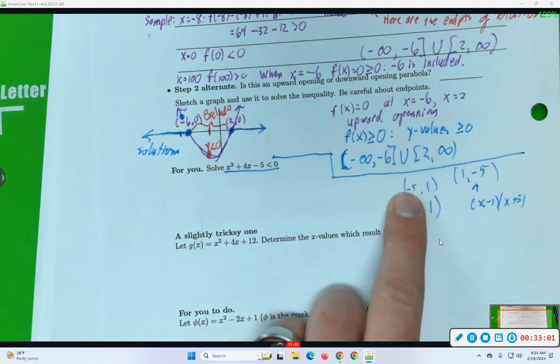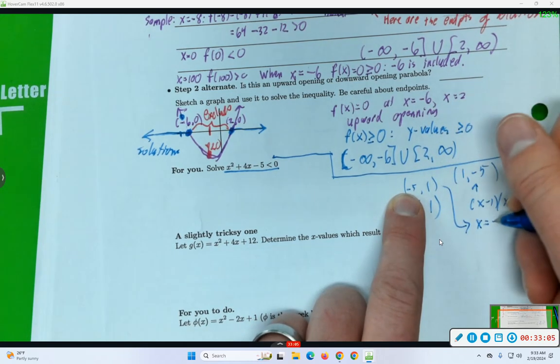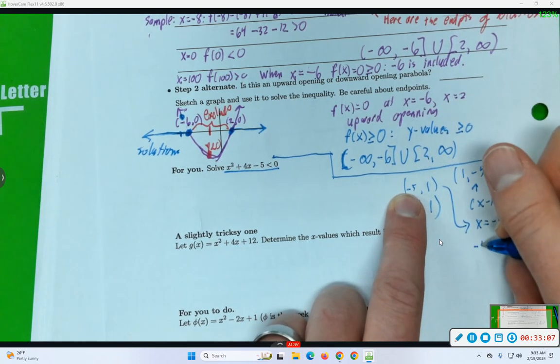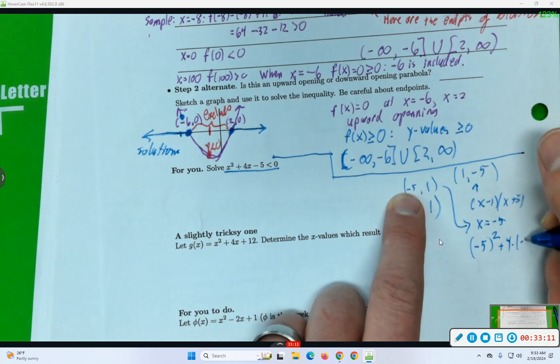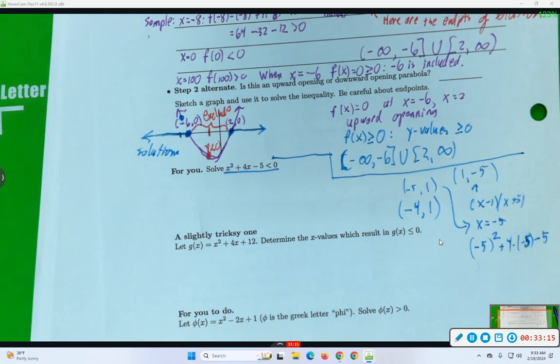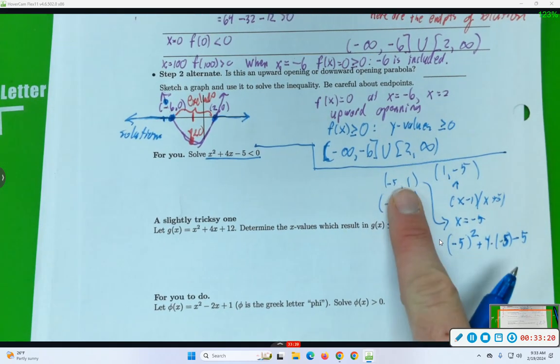This one says that -5 should be excluded, so let's plug in x equals -5. Gosh, -5 squared plus 4 times -5 minus 5. That is 0. Cool, so that suggests that -5 should be an endpoint.